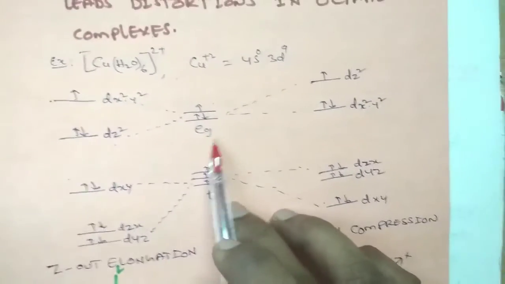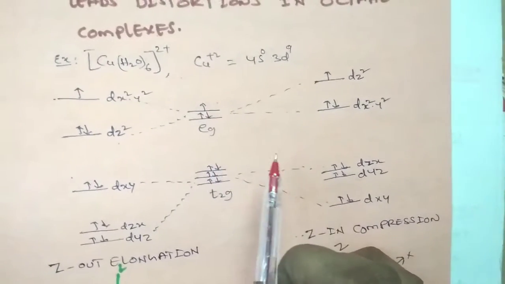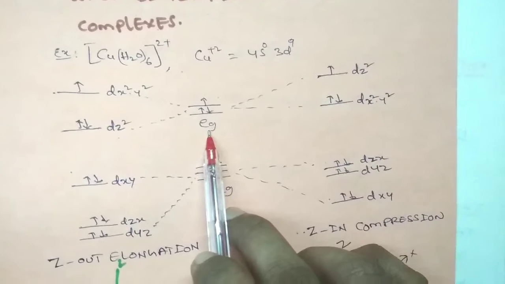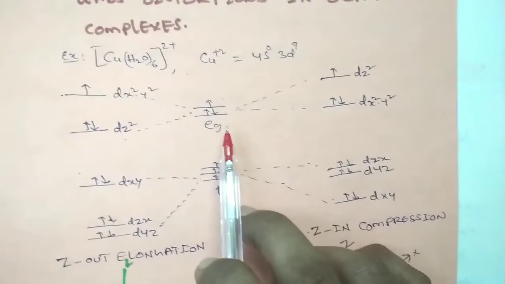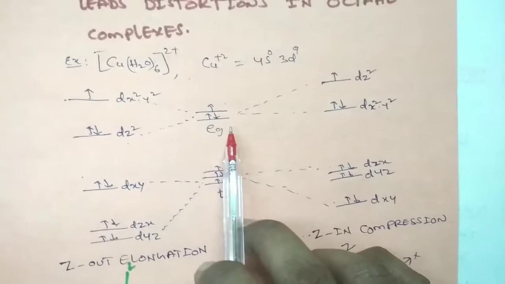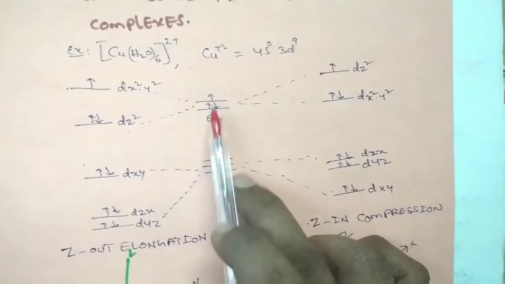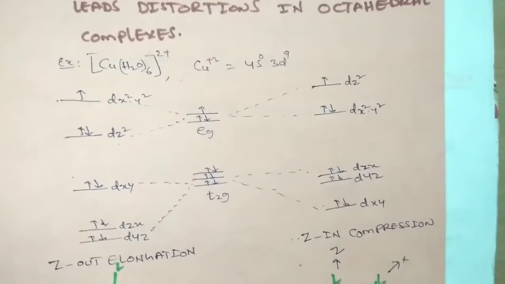If you look at eg orbitals, dx2-y2 is filled with 2 electrons and dz2 is filled with 1 electron. This is not a uniform distribution of electrons. So this is called an asymmetric arrangement of electrons, and this will cause distortions in octahedral complexes.